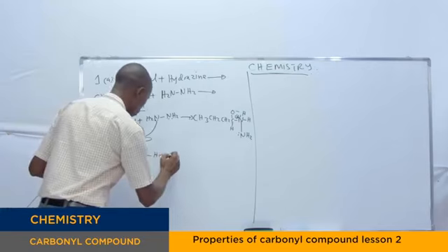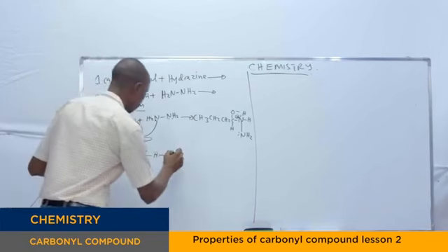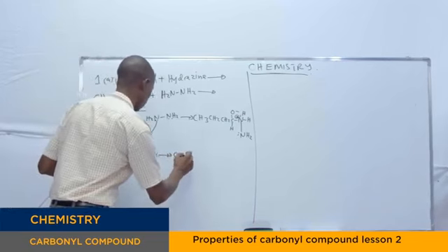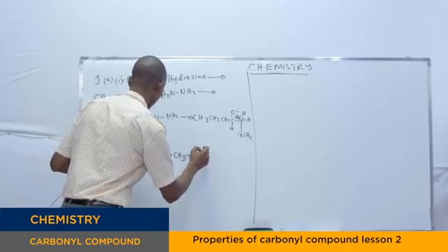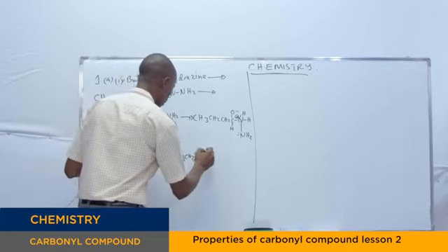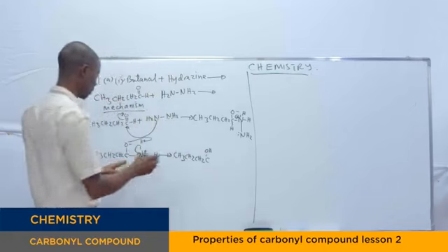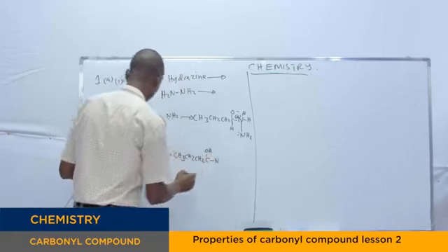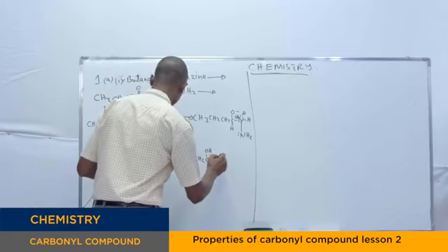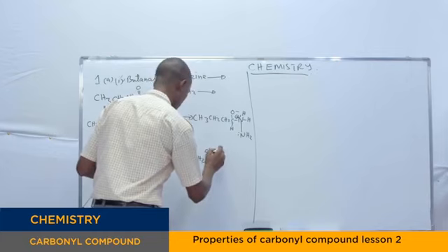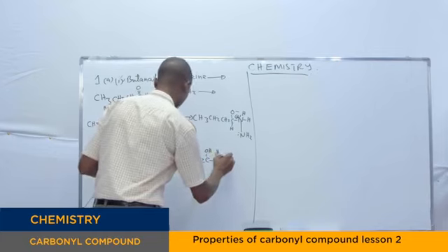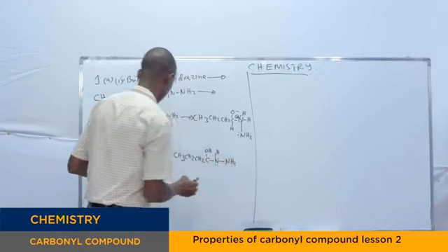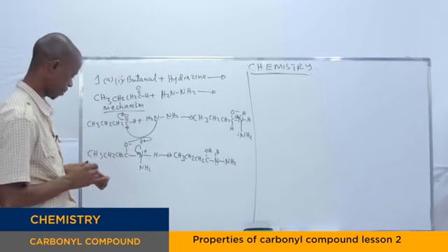So here we are going to form the following compound. This proton will be taken there, OH will be formed with nitrogen, having its lone pair, NH2, as you can see.